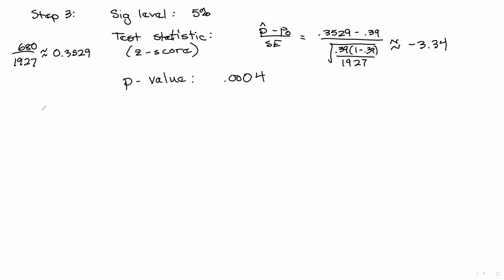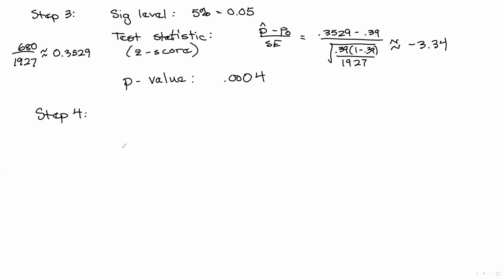All right. Step 4. Our significance level was 5%. So 5% as a decimal is 0.05. That's our baseline. That's what we're using as how much evidence we need to say that the null hypothesis was wrong.